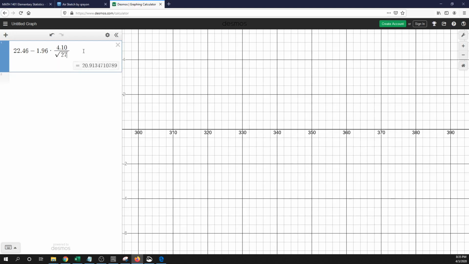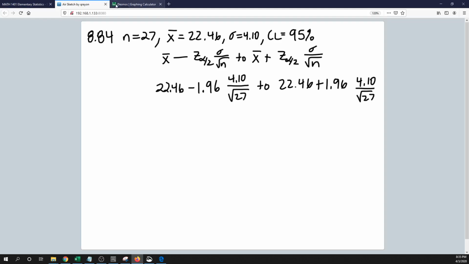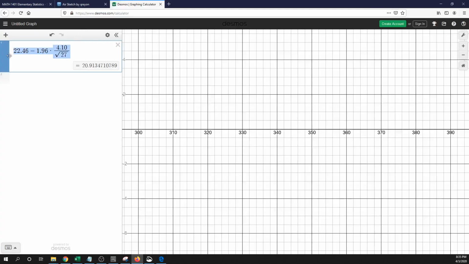I'll just double check. 22.46, 1.96, 4.1, 27. We get that our confidence interval is from 20.91 to 24.01.